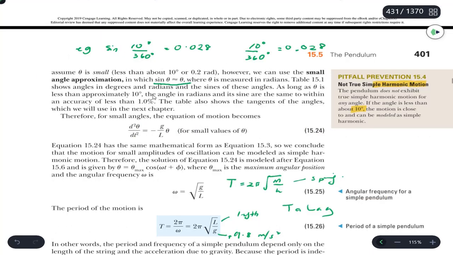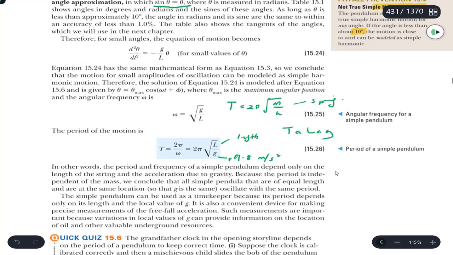Alright, let us continue from the idea of sine theta equivalent to theta: in order for it to be simple harmonic motion, the angle must be small enough so that this is observable. From there, the most important conclusion is that the period of a pendulum, which is equivalent to 2 pi over omega, or 1 over f, is equivalent to 2 pi square root L over g.